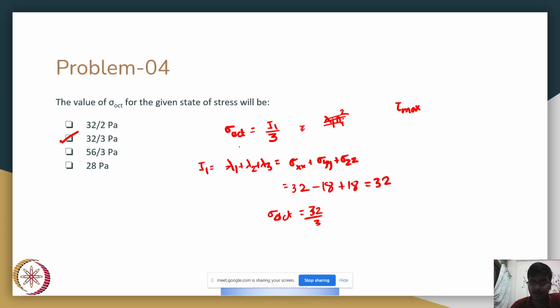So this is also important. If you remember, this is nothing but your hydrostatic part of stress, right? Ideally, if we want to stay in the elastic regime, we'll say that your maximum principal stress should be limited to a certain value, say the yield stress.